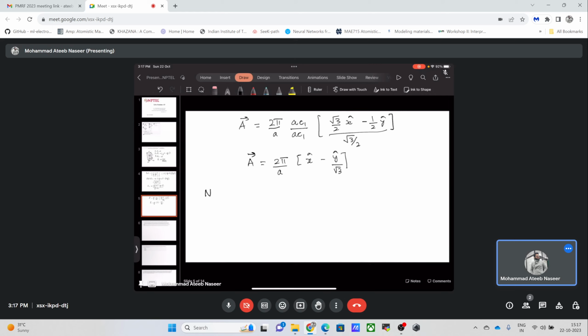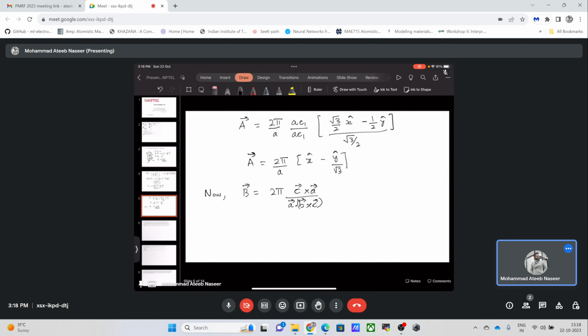Now for the rest of the reciprocal lattice vectors, we need to find b and c. This vector b will be given by 2 pi c cross a divided by a dot b cross c.